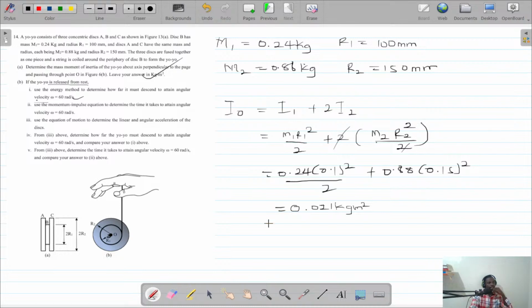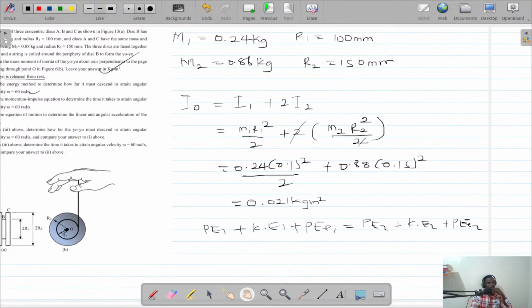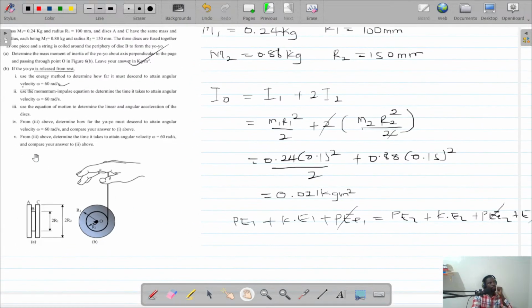So energy method, we have PE1 plus KE1 plus PE1 equal to PE2 plus KE2 plus PE2 plus E loss. But E loss is 0, no spring energy, so this and this go to 0. Now we are looking for how far it travels, so the change in the height from here to here.